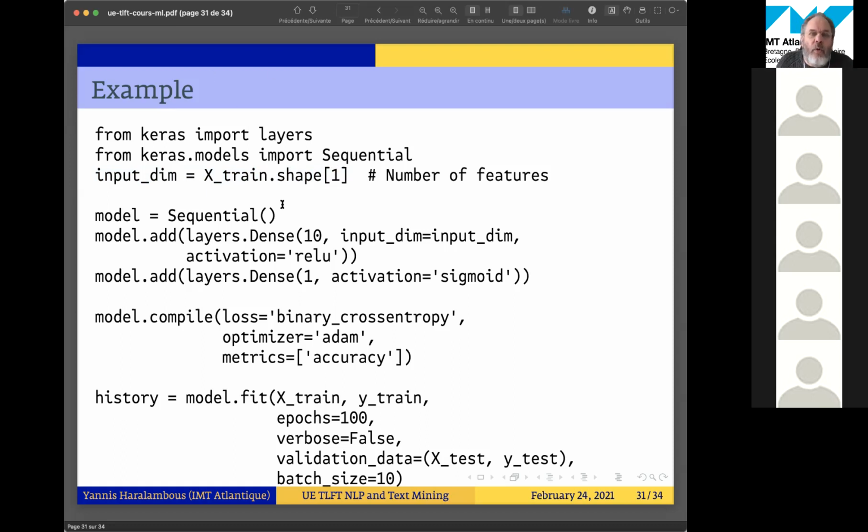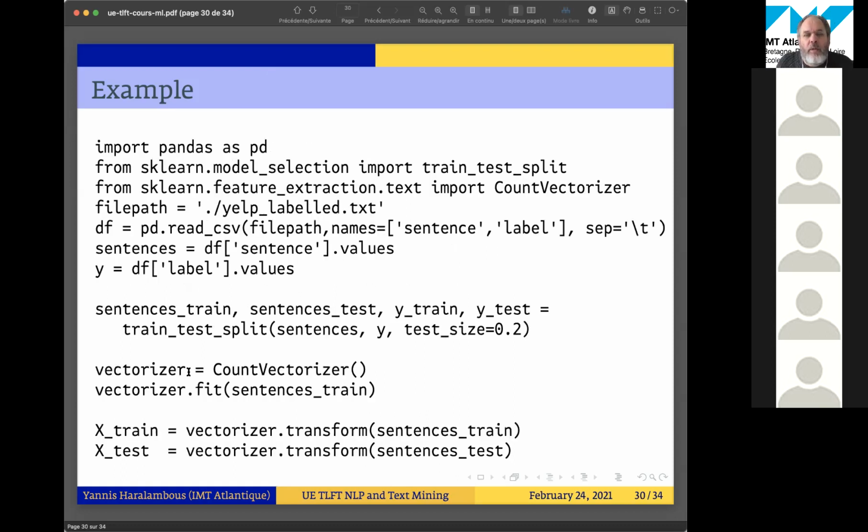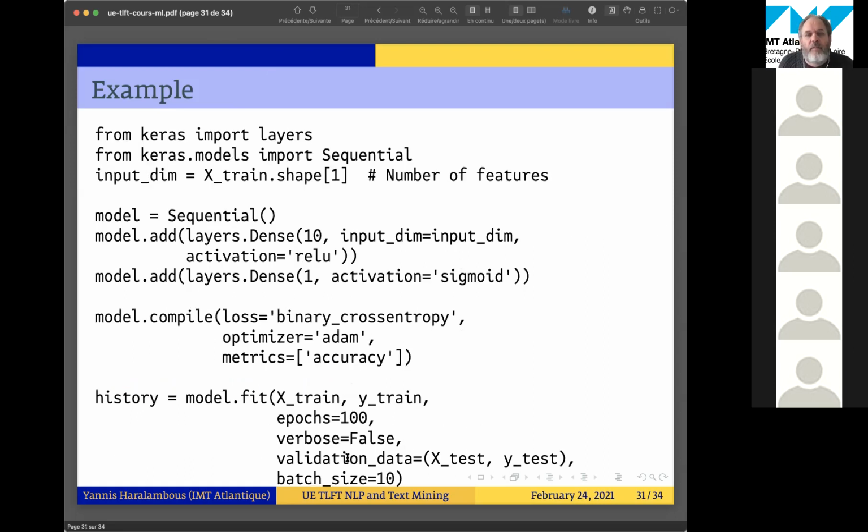It's impossible to know this beforehand because it's created when you vectorize. And if you put some randomness in the splitting between train and test, here there is no randomness, then every time you run this program, you will get a different vector with a different size of words in the training set. So this will be the input dimension, the length of the vector of your bag of words.